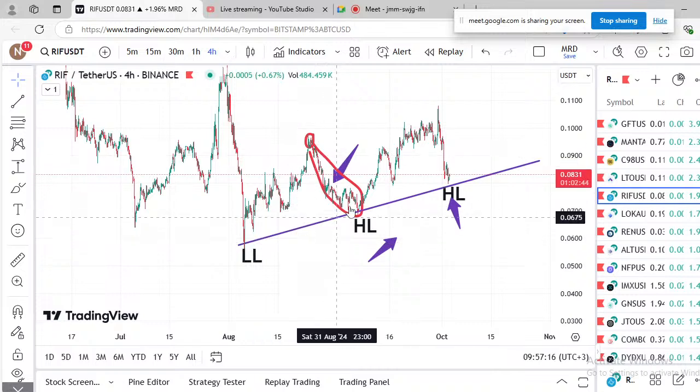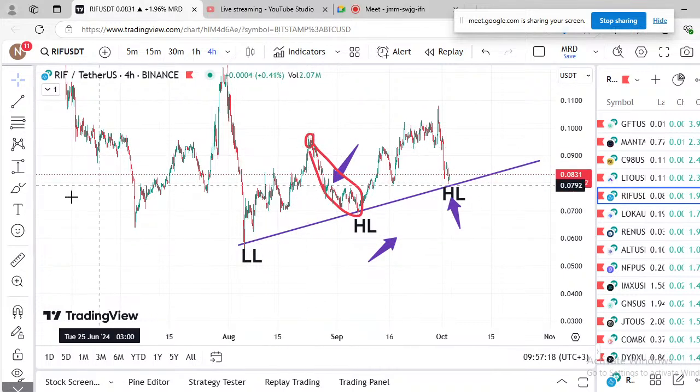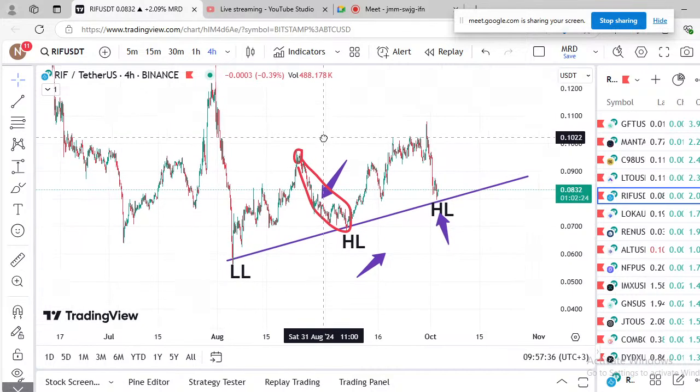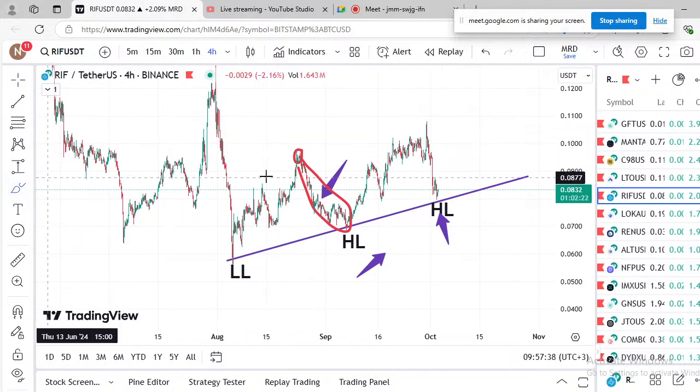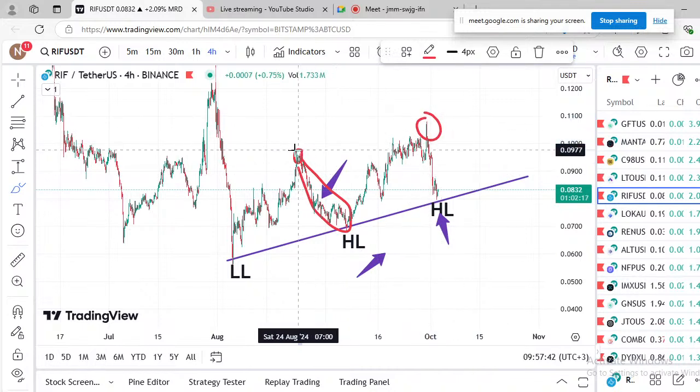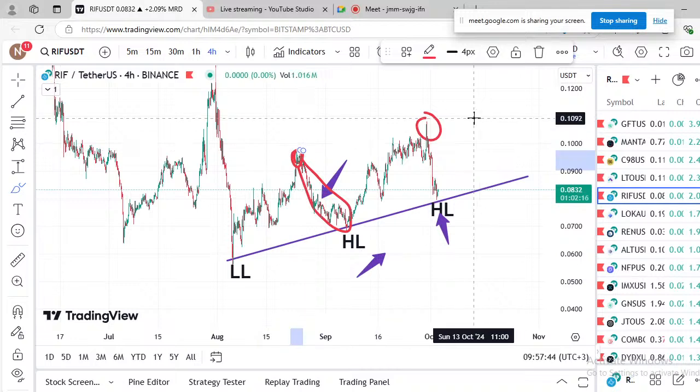So this one we call a pullback. The market was retracing to complete the structure; it was supposed to drop as a must. And when you look at these highs, this one and this one, you can see they are at the same level.